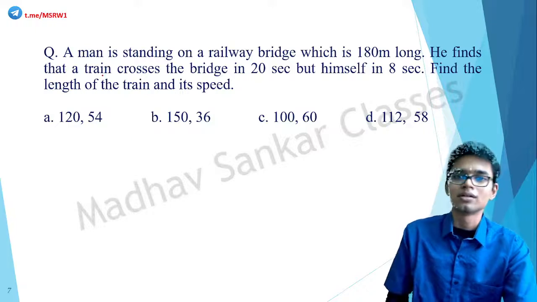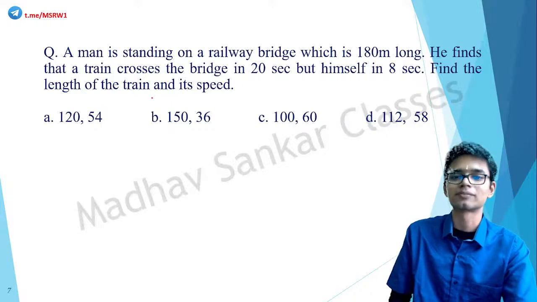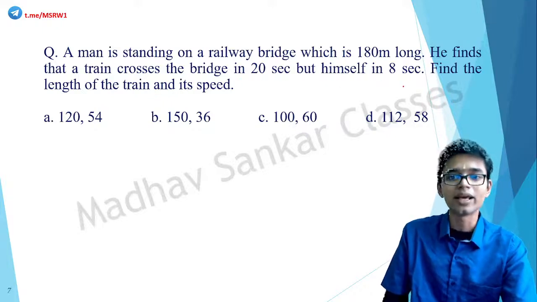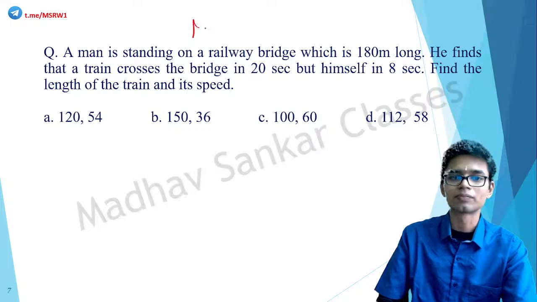Okay. So, another one. A man is standing on a railway bridge which is 180 meters long. Clear? He finds that a train crosses the bridge in 20 seconds, but himself in 8 seconds. Find the length of the train and its speed. So here is a railway bridge.